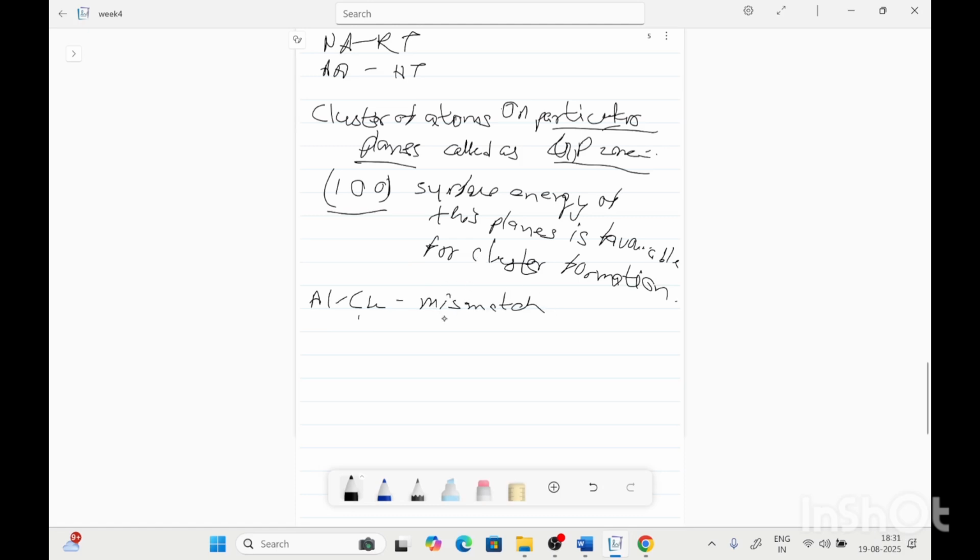This mismatch creates lattice strain in the clustering of these atoms. This lattice strain will further hamper the dislocation motion, and as the dislocation motion is hindered, that will lead to strengthening.